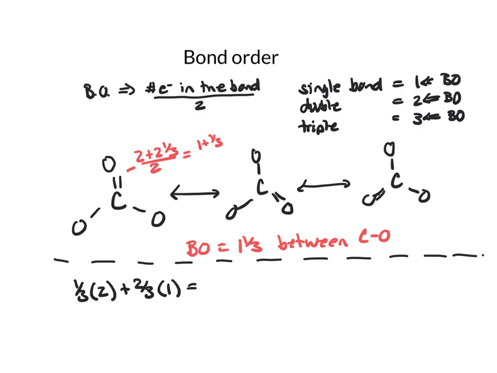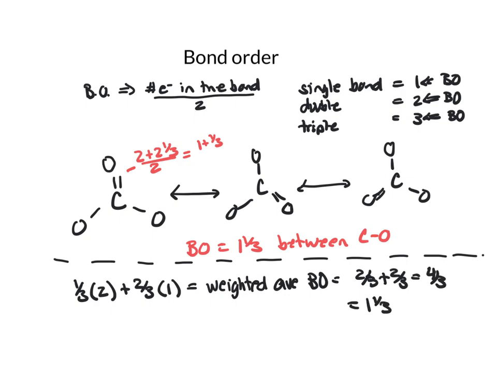And so the weighted average bond order is 2/3 plus 2/3 equals 4/3, which is 1 and 1/3. So when I have equivalent resonance structures, I can use the weighted average bond order to figure out the bond order between the carbon and oxygen.